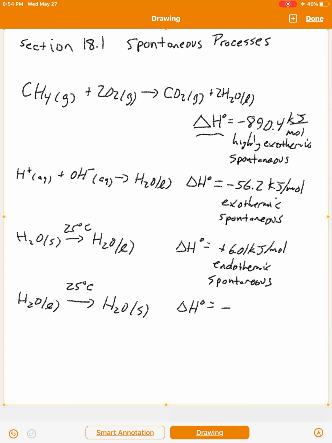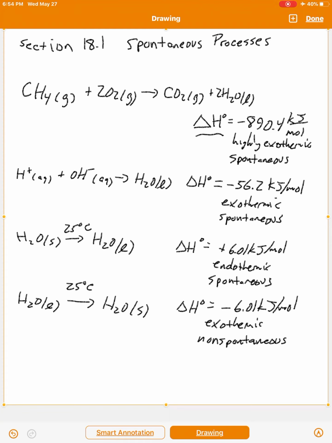So it's exothermic, the freezing of water. But we know from our experience that the freezing of water is not spontaneous. So we call it non-spontaneous at 25 degrees C. No way. Water doesn't freeze into ice cubes at room temperature.